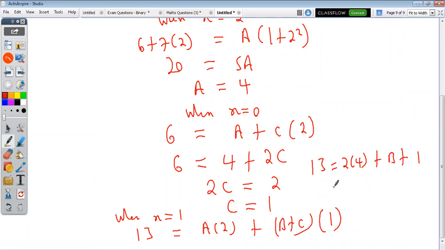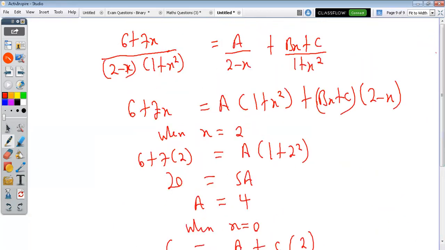So we're saying 13 minus 8 is equal to b plus 1 or c. So that's 5 or plus 1. So we're saying 5 is equal to b plus 1. Also, b is also equal to what? 4. It's equal to 4.